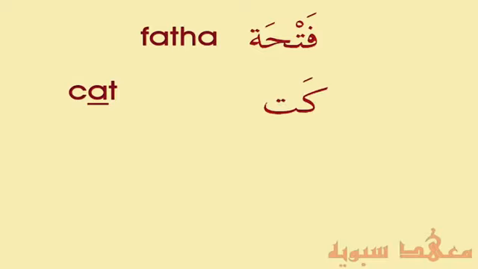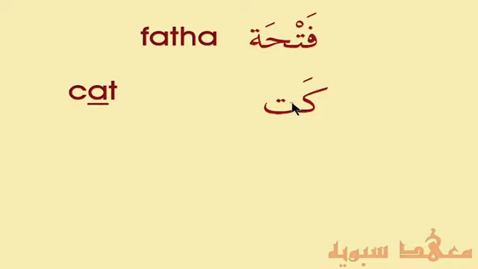Now I've transliterated cat into Arabic, so we have the kaf here, which makes the same k sound, and then we have the ta, which is equivalent to the t in English. So this says cat. Notice the vowel is on top, not after it, as in cat.